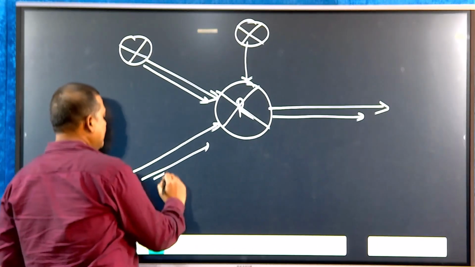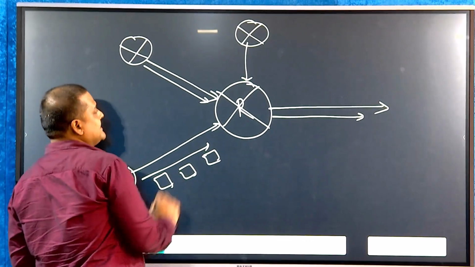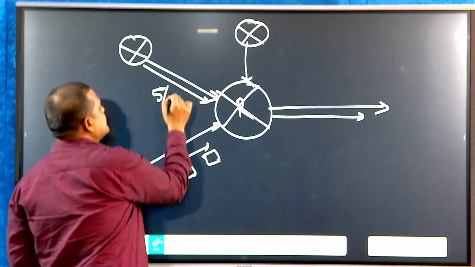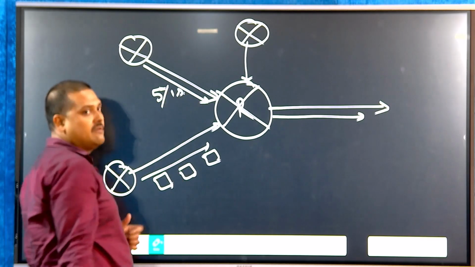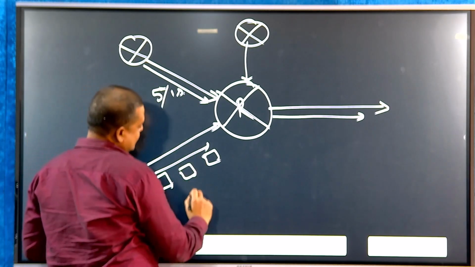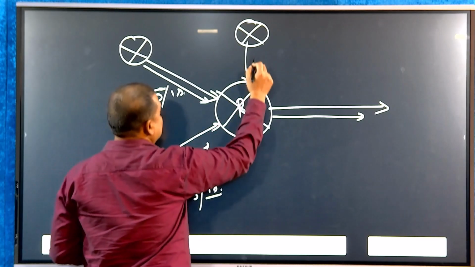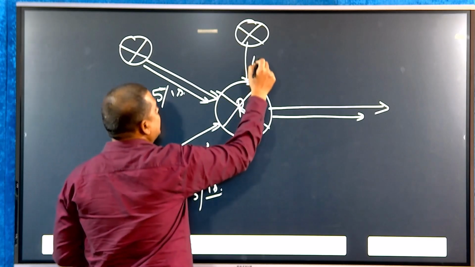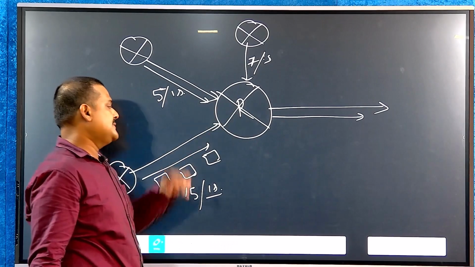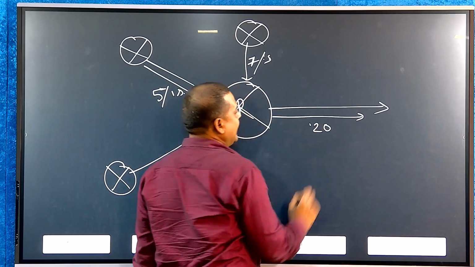So what will happen? Say this channel is sending 5 packets per second, just for the sake of example. This one is sending 15, and this one is sending 7 packets per second, and the outgoing channel can send only 20 packets per second.